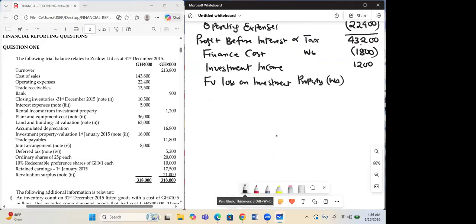So 2,500 is a loss. We have to take it out. So any other income or loss, you treat all of them here before you go to profit before tax. Is that clear? Yes. So net all off.